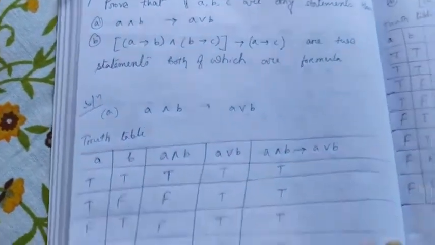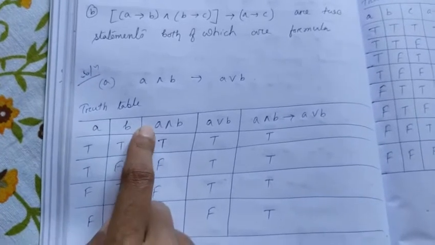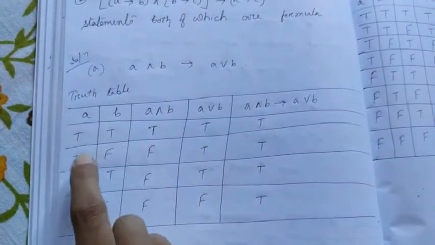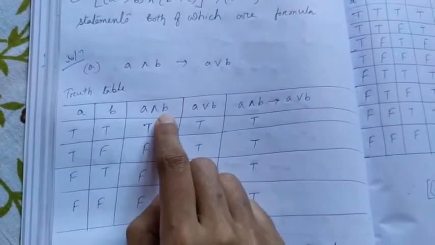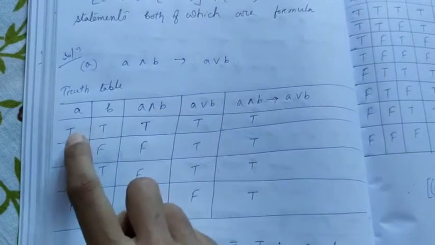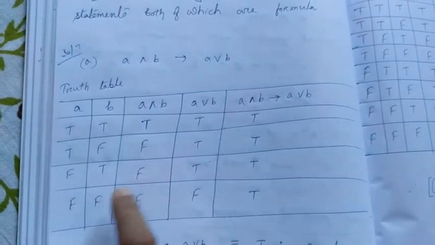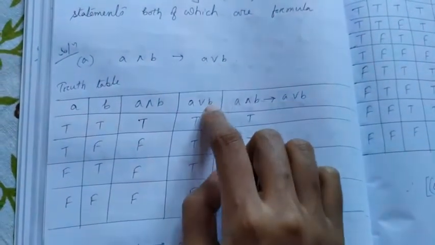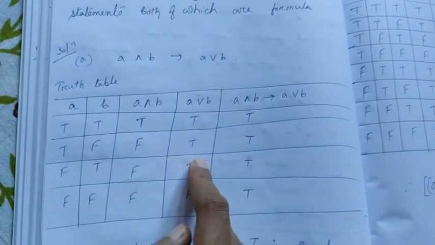Now I have to draw the truth table first of all. Suppose A and B are two statements. The possible outcomes are true true, true false, false true, and false false. Now A conjunction B, or A and B, is true for true true, false for true false, false for false true, and false for false false. And A or B is true, true, true, and false.